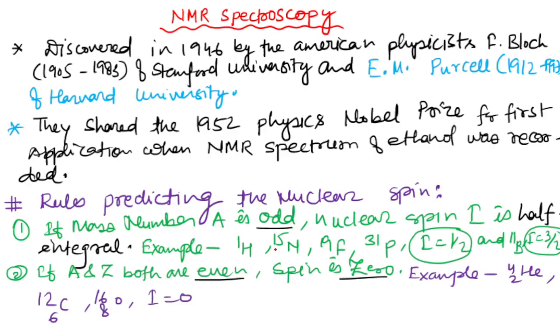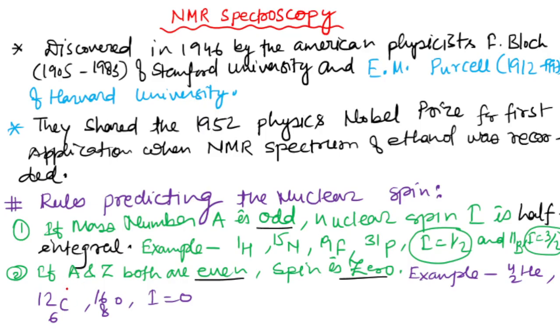As you can see in these examples, hydrogen, nitrogen, fluorine, phosphorus all have odd mass numbers, and the nuclear spin value I is half. But in the case of boron, it shows a 3 by 2 I value.